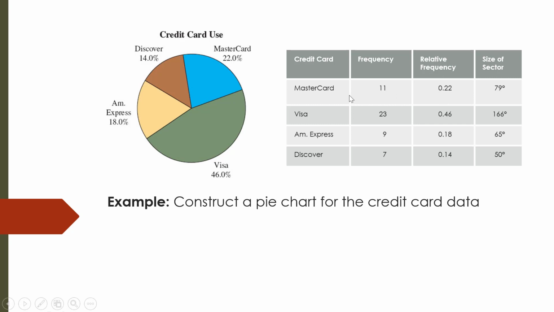That means MasterCard takes up 22% of the dataset. So 22% times 360 degrees is 79 degrees. And the blue piece of the pie chart is MasterCard. So a pie chart is convenient when the dataset is presented in percentages.